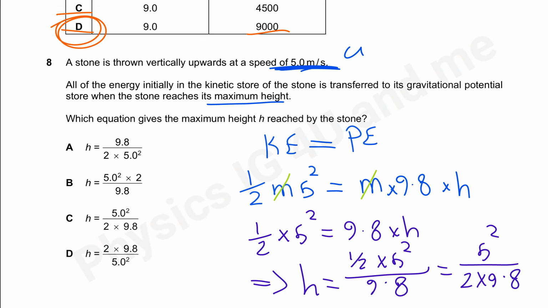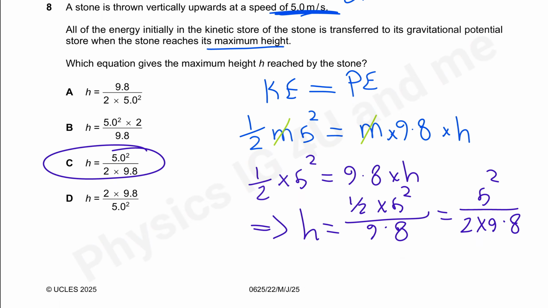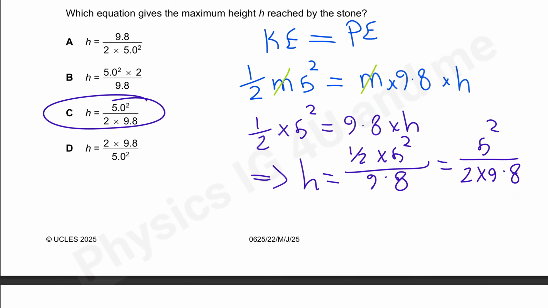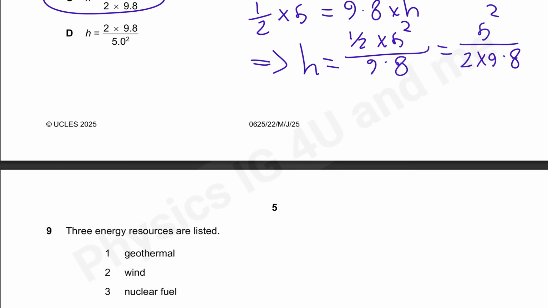Okay, so this is the answer. Which option is that? 5 squared over, yes, this one. This will be the answer. Okay, again, feel free to watch the video again and write a question in the comments section.